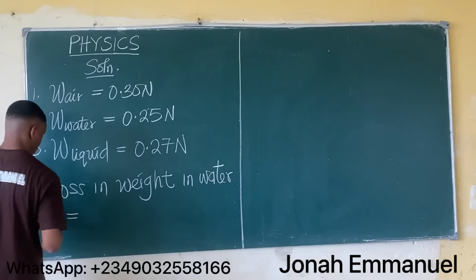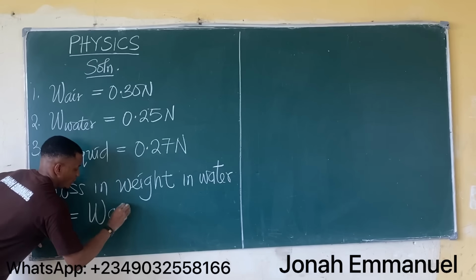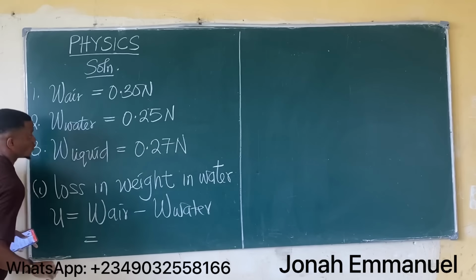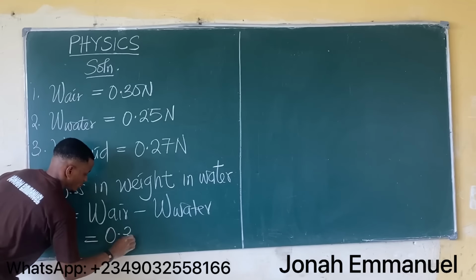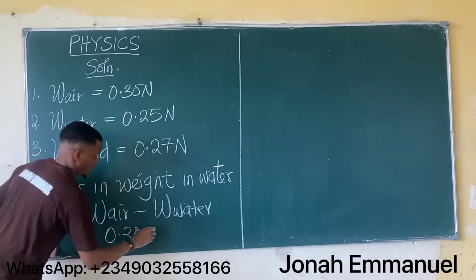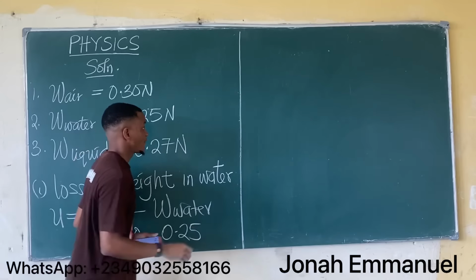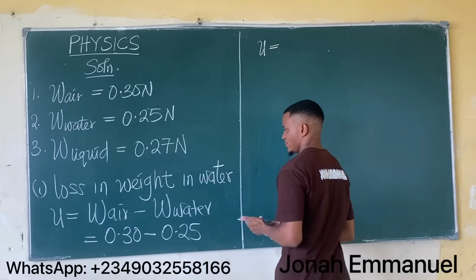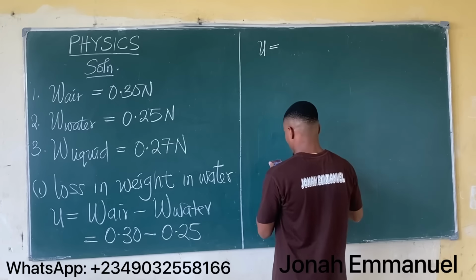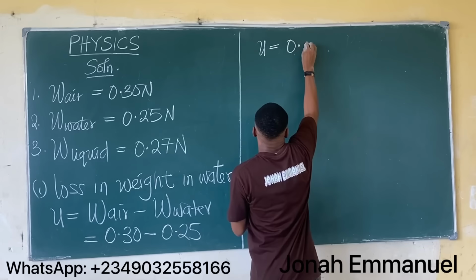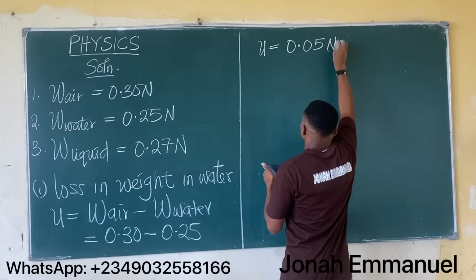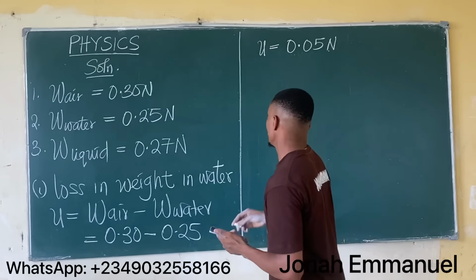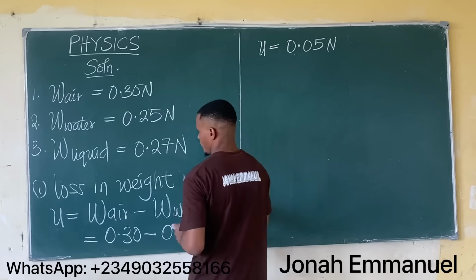So that becomes 0.30 minus 0.25, which gives us 0.05 Newton. So that's the upthrust or loss in weight. Number 2, or the B part. So this is for A. Let's call this A.